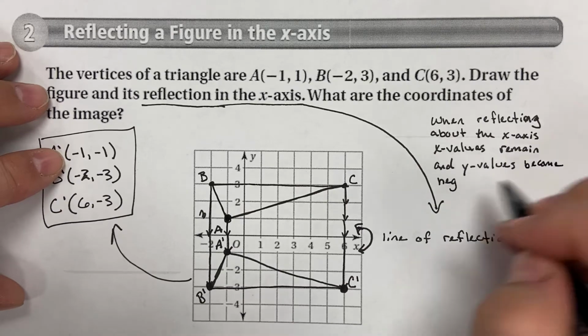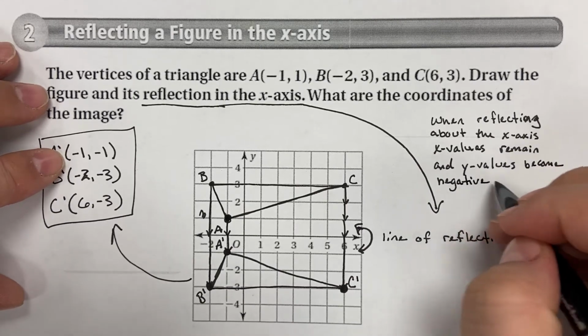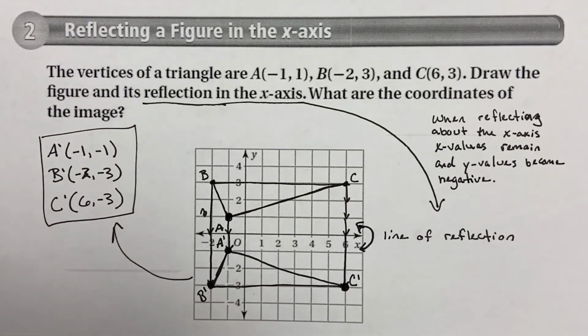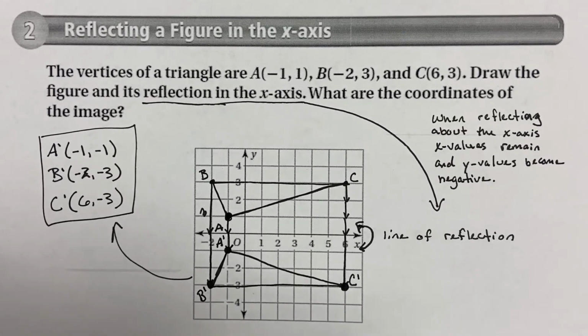We'll use that word, become. Become negative, because if it's negative and it becomes negative, that means it's two negatives and it becomes positive. Just as clarity verbally. Anyway, this is how it works.